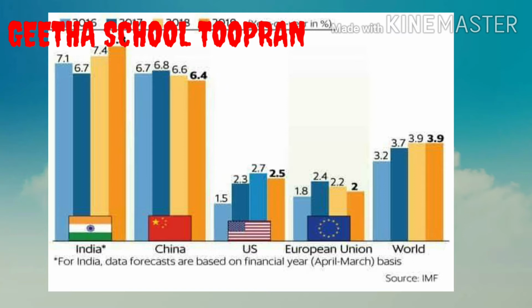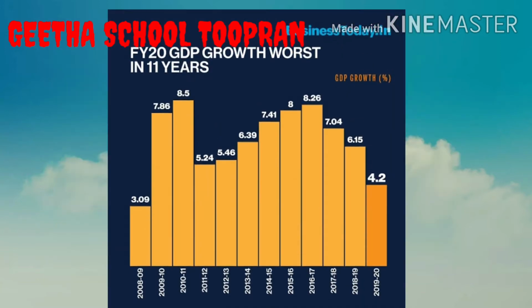So it is necessary to know in what way the growth of GDP took place. You know that different sectors of an economy contribute their share to the GDP.